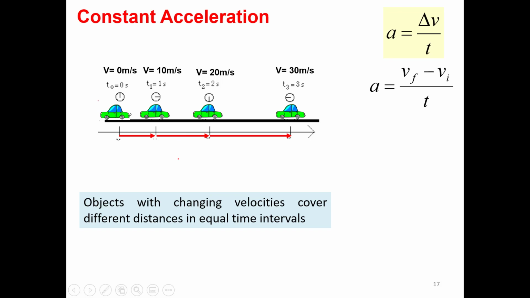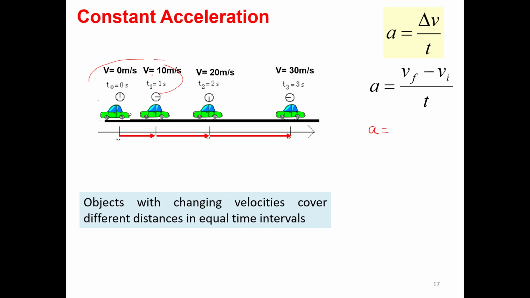Now let's try to calculate the acceleration in each of these segments: the first segment, the second segment, and the last one. What happens in the first segment? Let's do this part. The acceleration in this part will be the final velocity minus the initial velocity over time.